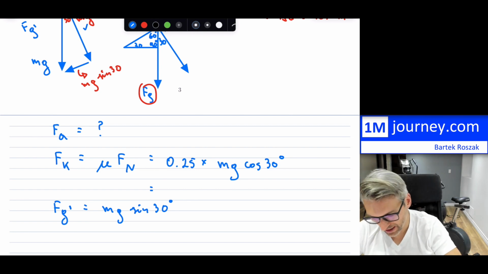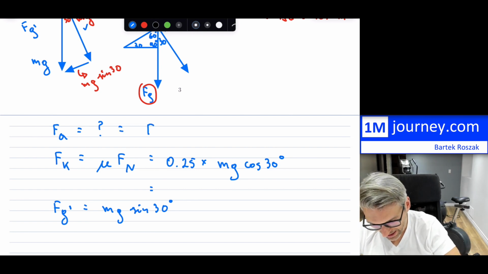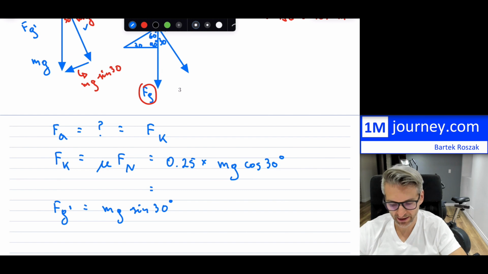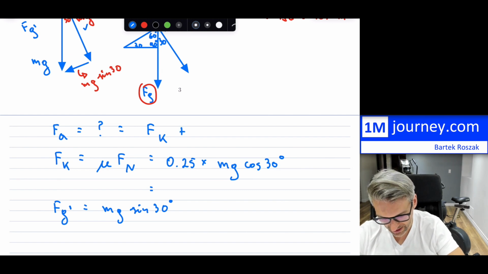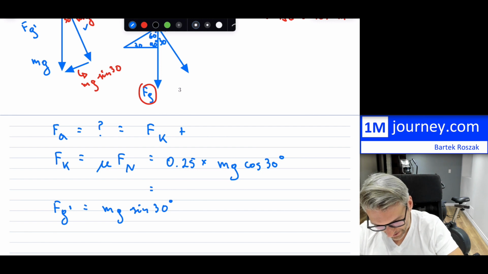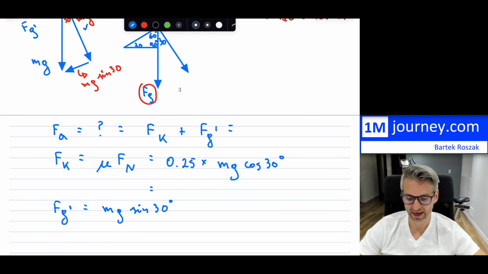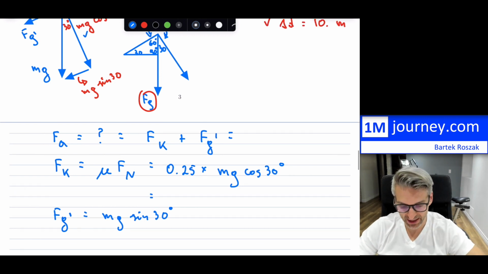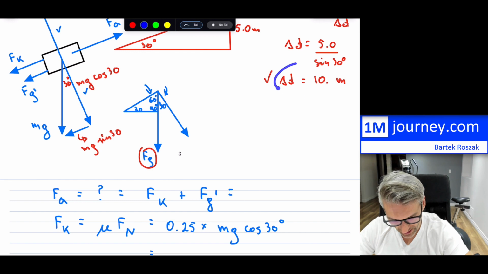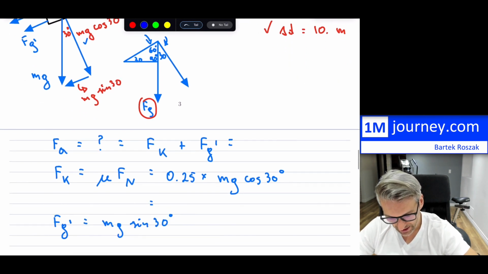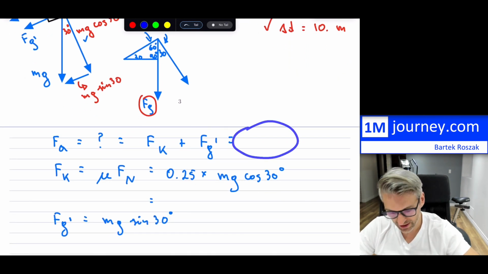That means my F_A is going to have to be at least equivalent to these to get this thing up and moving. It's going to be a little bit above it. So it's going to be the summation of these. Now, once I have that force, I've just found the displacement. So I have the displacement right there, which is 10 meters, multiplied by the force that is applied.